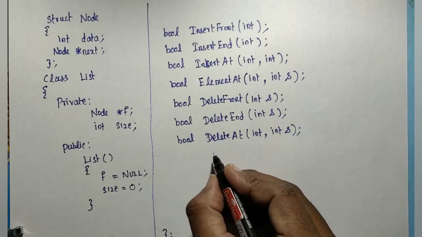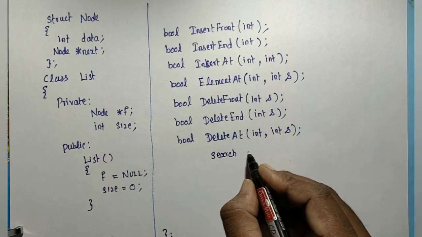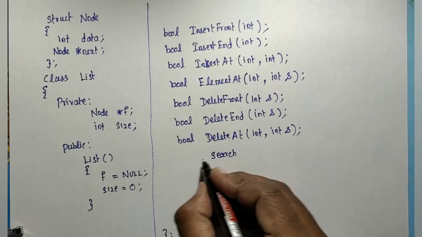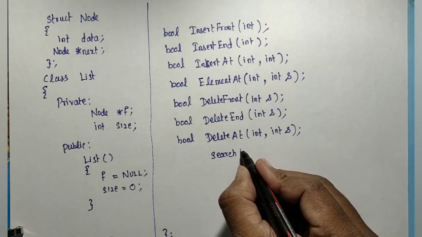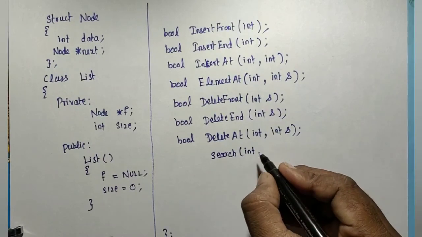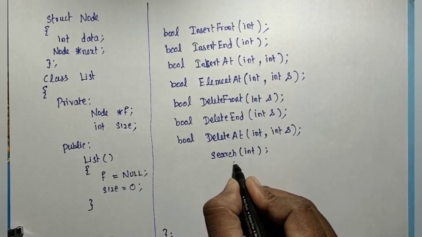The next, search. Search for a particular element. So I have to pass that element, int, and then whether it is present or not. This is up to you how you are going to design the search.